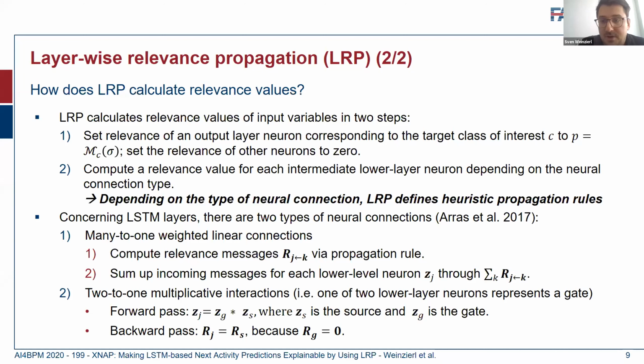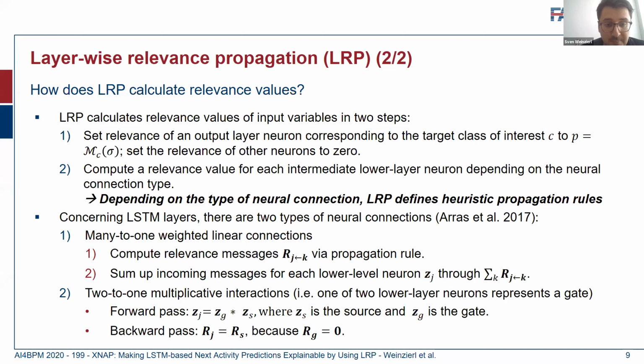And then we have an output layer. But a layer can be decomposed into neural connections. With respect to the LSTM layer, there are different techniques to decompose it. If you decompose the layer, there are two different connection types: the many-to-one weighted linear connections and the two-to-one multiplicative interactions.